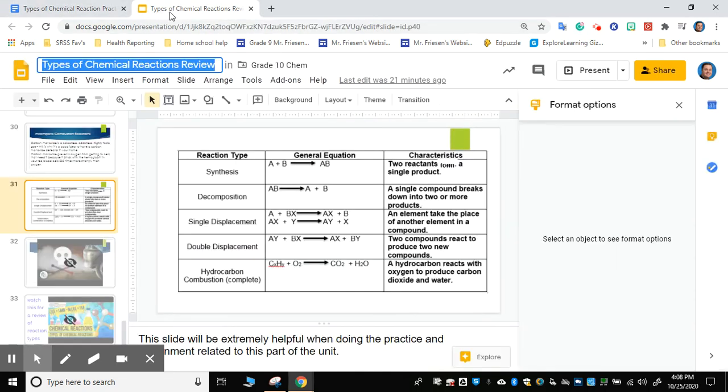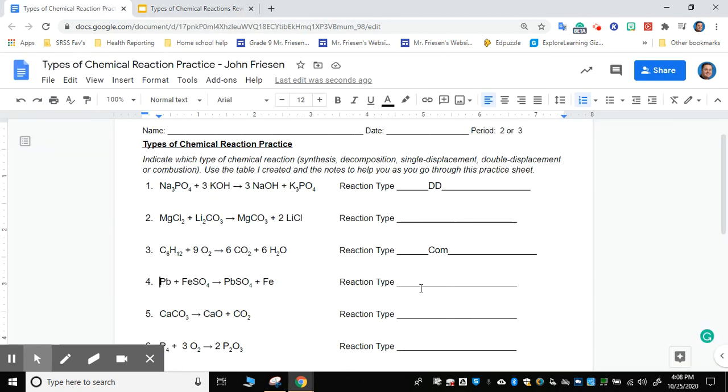If you said single displacement, you were correct. So this is single displacement.